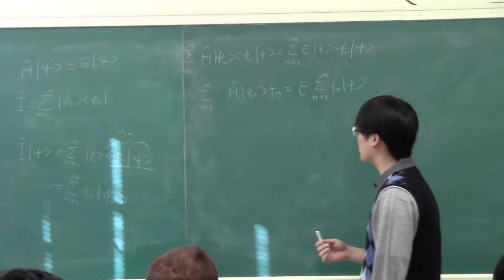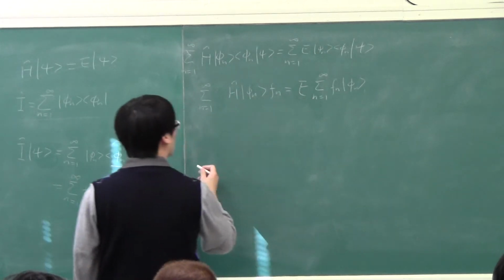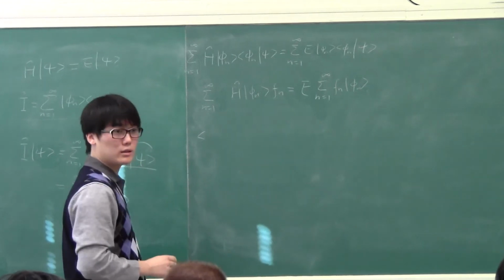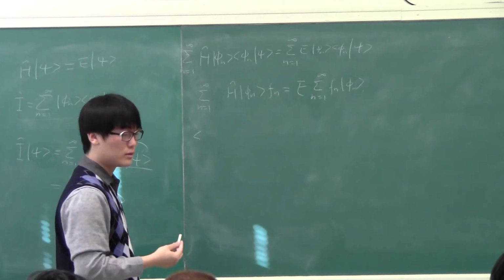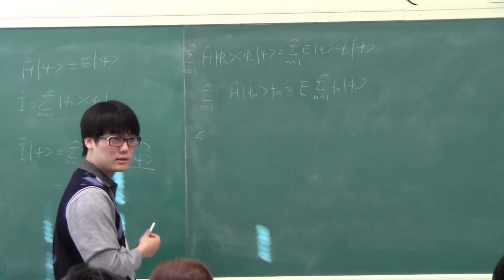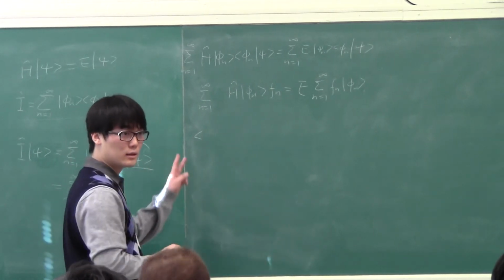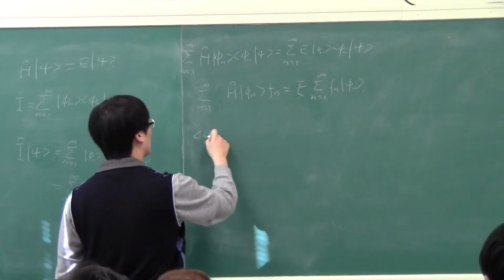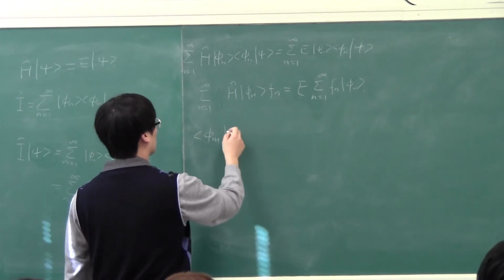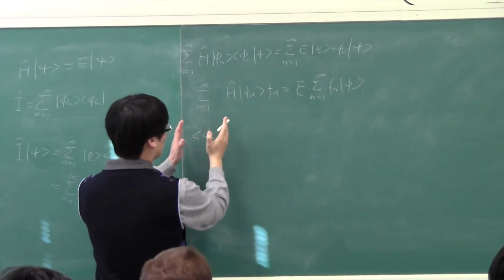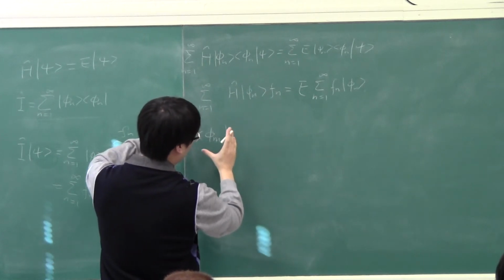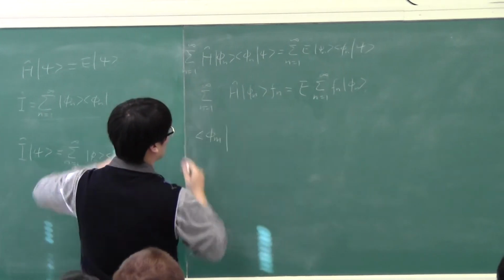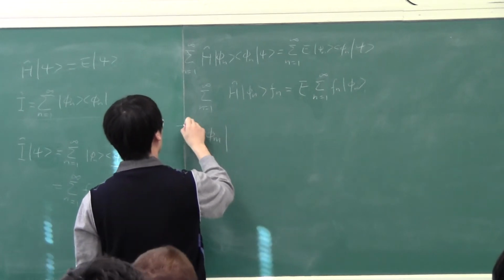again and again. The technique is that this complete set of bases is orthonormal. So if I test this equation with one of the bases, I multiply by this bra from the left side.